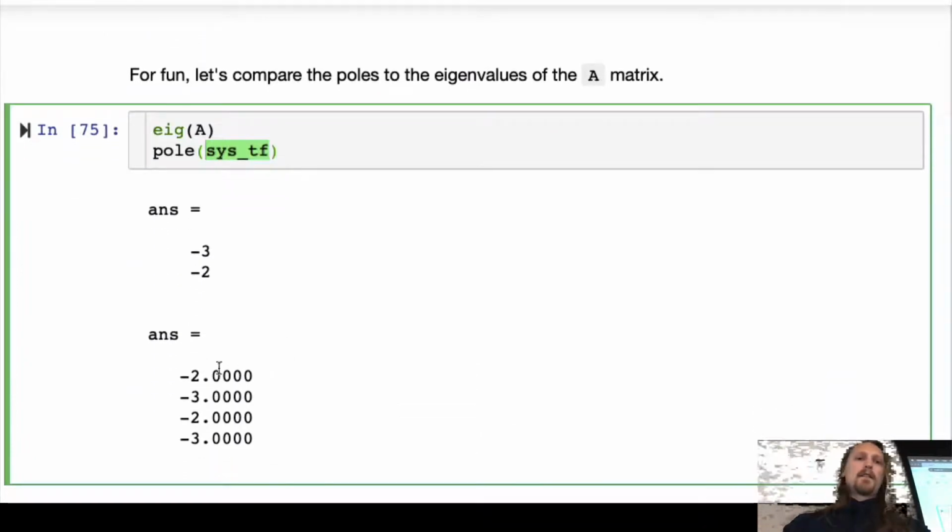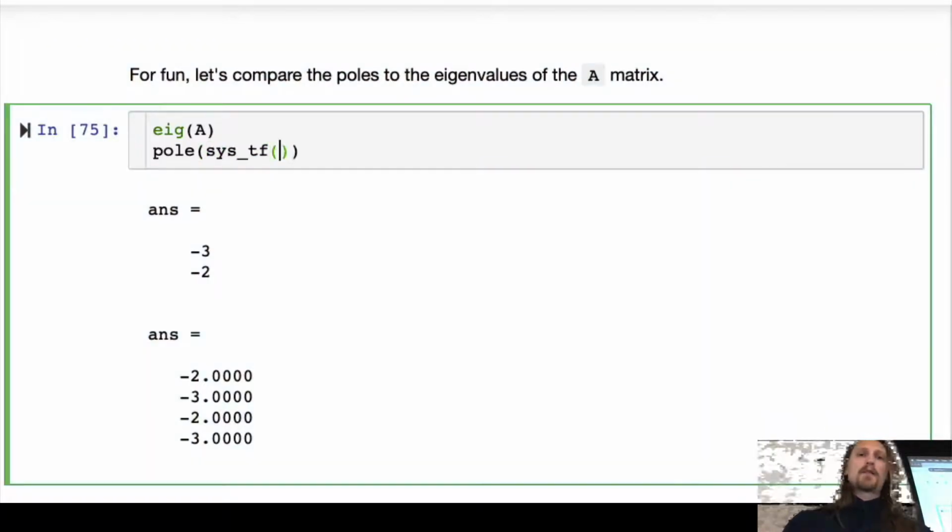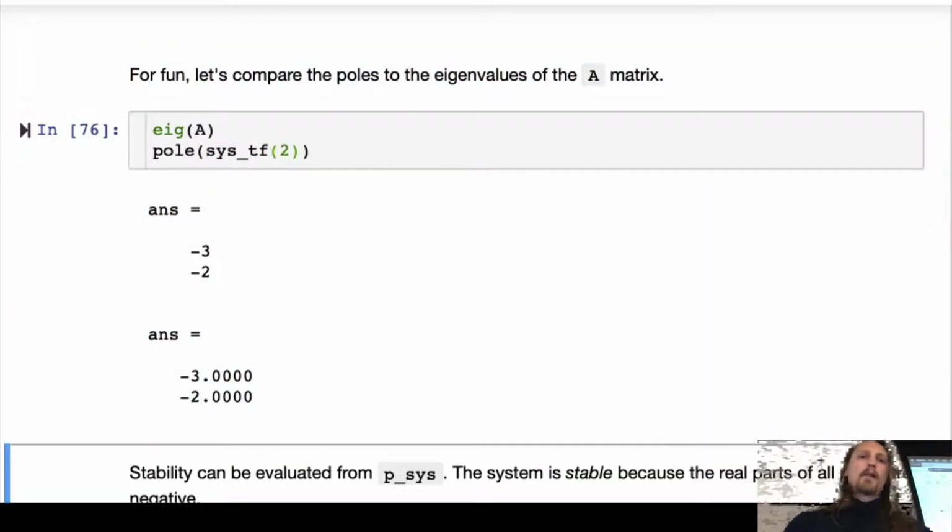So that's what's being listed here. I think there's probably a better way of getting the return to parse that a little bit better, but in any case, that was just an aside for comparing the eigenvalues of the A matrix to the poles of the transfer function model. It would have probably come out nicer if I had said the second one.